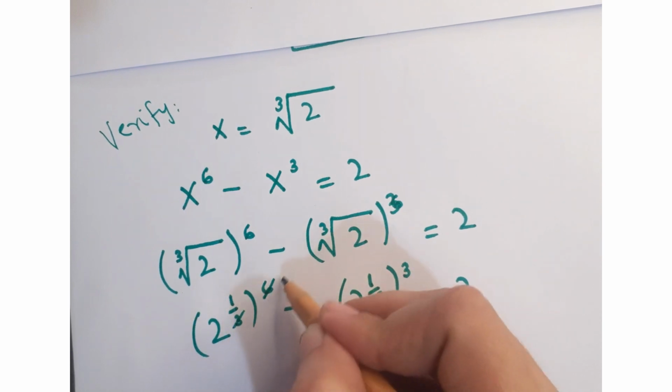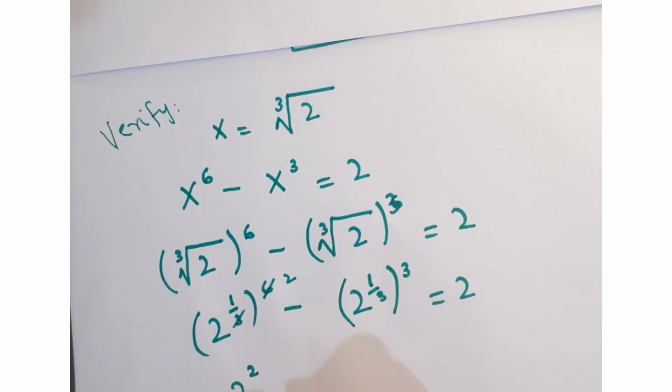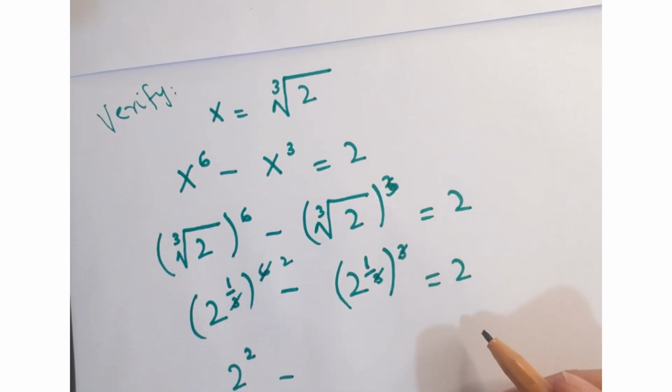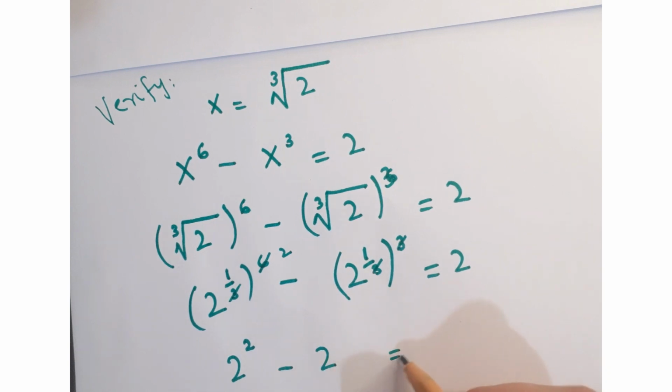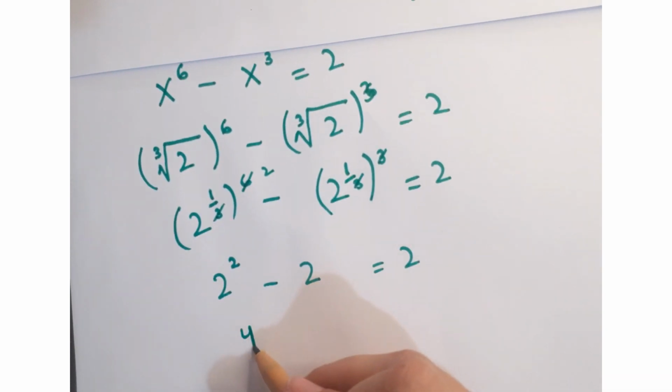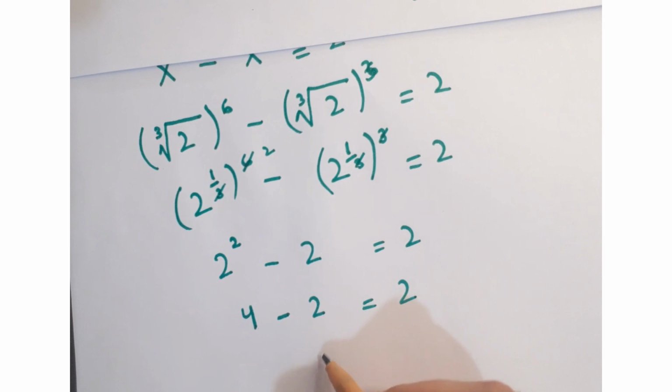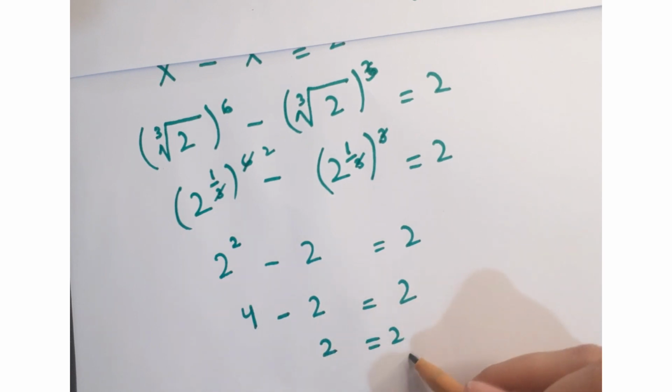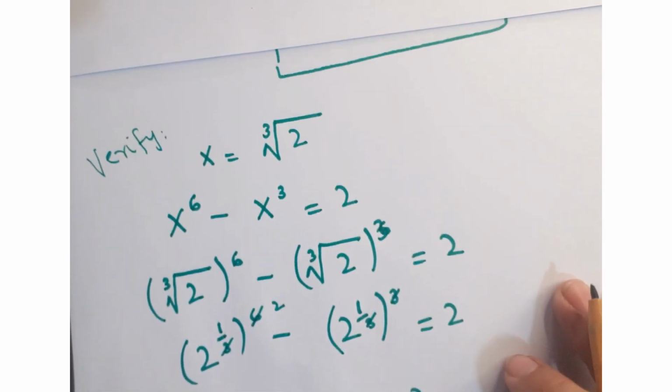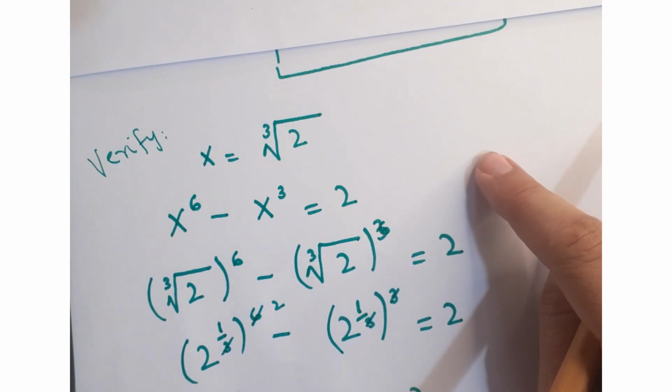Now the 3 and this 6 get cancelled. This is 2 square, and this 3 gets cancelled. This is 2. This is 4 minus 2 is equal to 2, or you can say 2 is equal to 2. Now this implies that x is equal to cube root of 2 is one of the solutions of this equation.